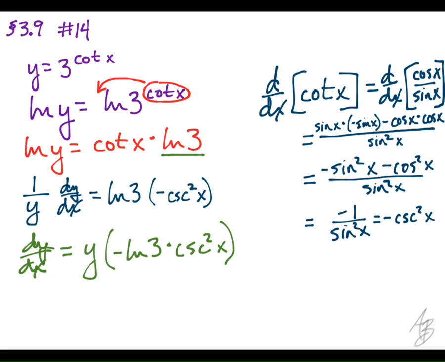The function itself originally was not implicitly defined. It didn't have any y's mixed with x's, so we need to get rid of the y here by doing what? Substitute, exactly. So we're going to do 3 to the cotangent of x times, and actually I'll put that negative out front, the natural log of 3 times cosecant squared of x.